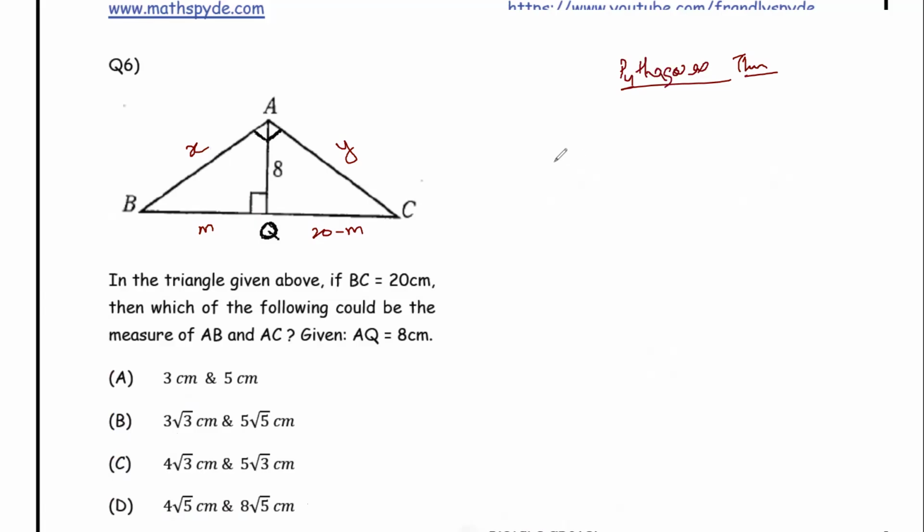So I know that for the big triangle, x square plus y square is equal to 20 square. The whole thing BC is 20. BC is the hypotenuse for triangle ABC.